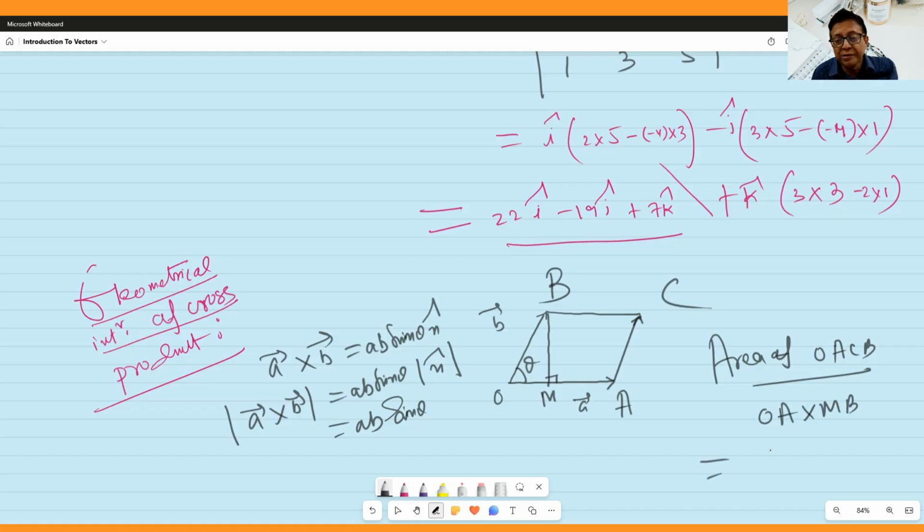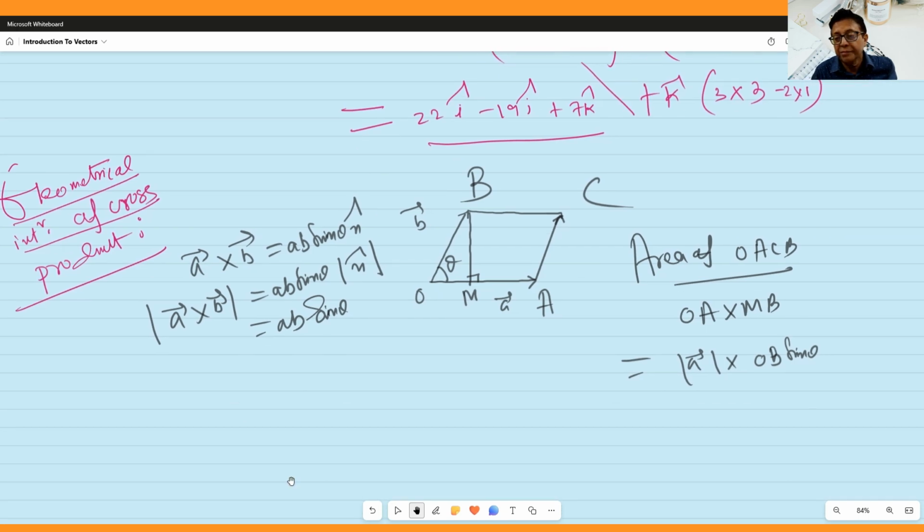OA is what? Mod A. MB is what? OB sin theta. Isn't it? MB is OB sin theta. So it is mod A, mod B sin theta. This is what?